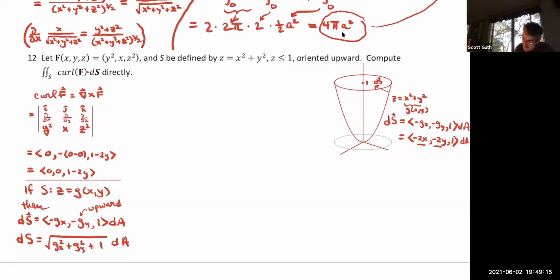And maybe, since I've done ds over here, let's do curl f dot ds. This is pretty straightforward.